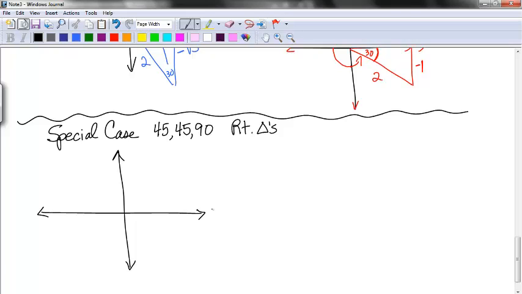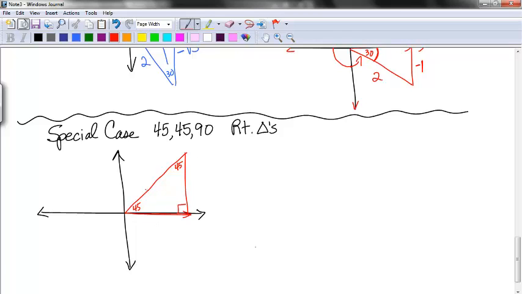Okay, let's look in quadrant 1. So if we did a picture in quadrant 1, we'd start on the positive side, estimate about a 45-degree angle, drop the perpendicular back to the x-axis. So that makes this a 45, 45, 90. Standard labels on a 45, 45, 90.